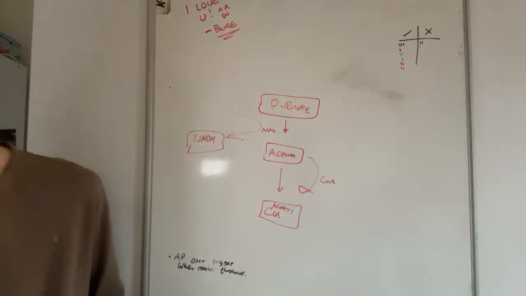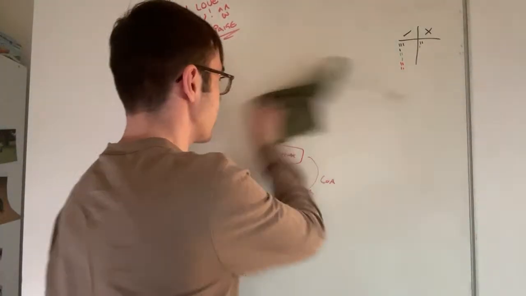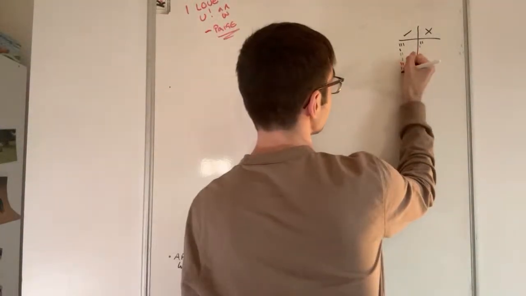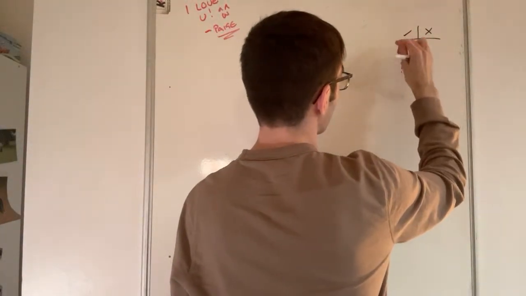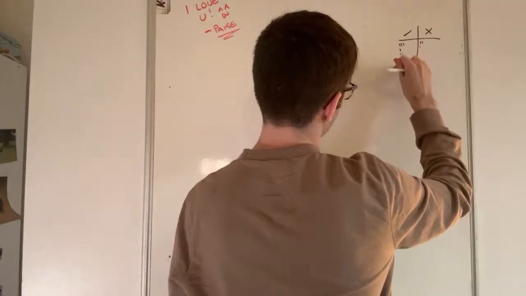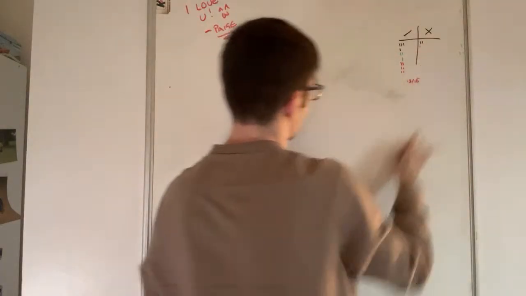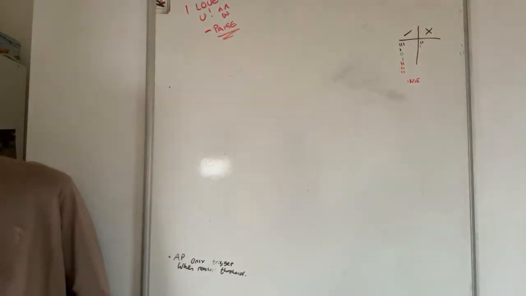Oh, there we go. Nice. How many marks was that? Because that was a very easy question. 2, okay, hell yeah. 13 out of 16. I'm happy with that so far.